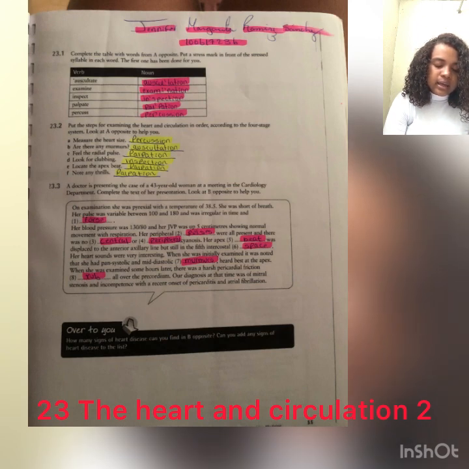Are there any murmurs on auscultation? Feel the radial pulse by palpation. Look for clubbing by inspection. Locate the apex beat by palpation. Note the rhythm by palpation.